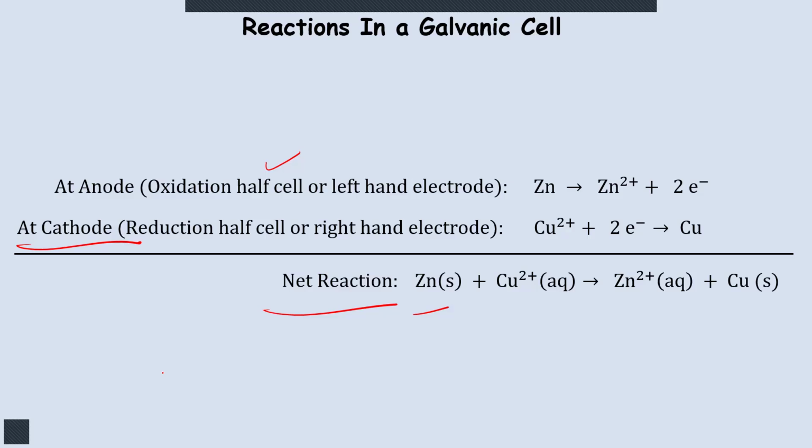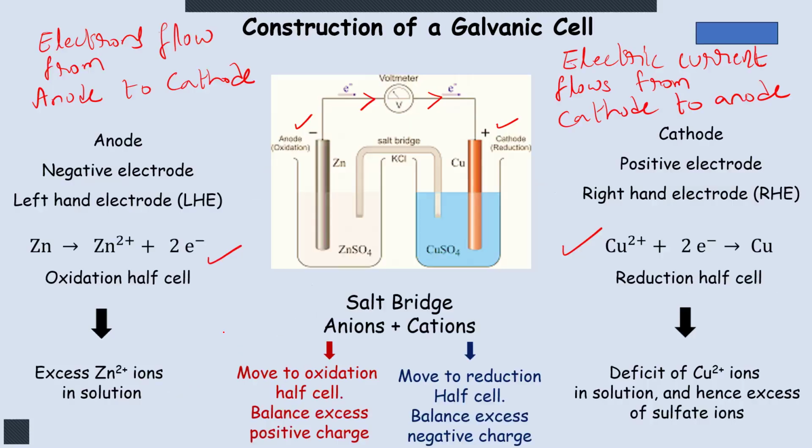The only difference is, if I react zinc directly with copper sulfate solution, there will be direct transfer of electrons from zinc to copper 2 plus, and both oxidation and reduction happen simultaneously and together. Of course, in a galvanic cell also oxidation and reduction happen simultaneously, but they are separated. The oxidation half reaction happens in the oxidation half cell, and the reduction half reaction happens in the reduction half cell.